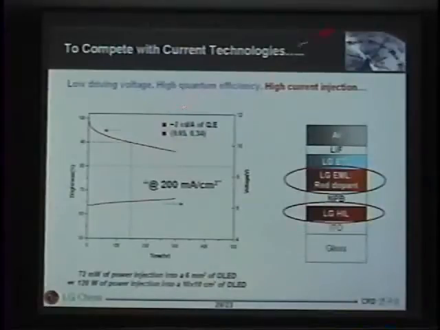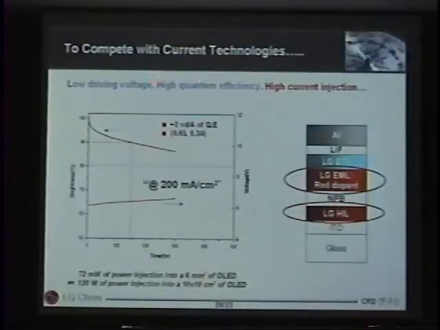So to compete with current technologies, meaning inorganic LEDs or light bulbs, you need a low driving voltage. The inorganic LED has a low driving voltage. So one way to increase the efficiency of OLED devices is to keep lowering the driving voltage.